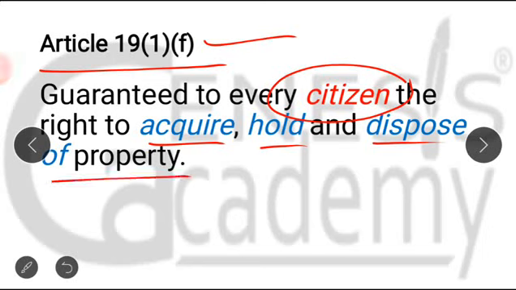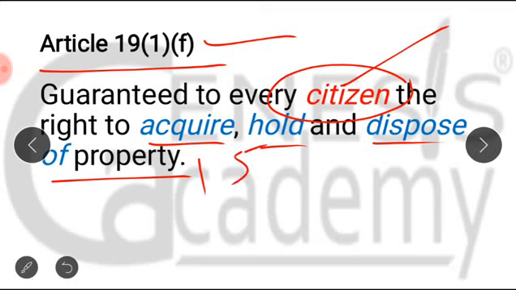Article 19, Clause 1, Subclause F guaranteed to every citizen. आपको वैसे पता ही होगा that in Part 3 of the Constitution, that means fundamental rights, some fundamental rights are guaranteed to citizens only, while some other fundamental rights are guaranteed to everyone, whether a person is a citizen or not.